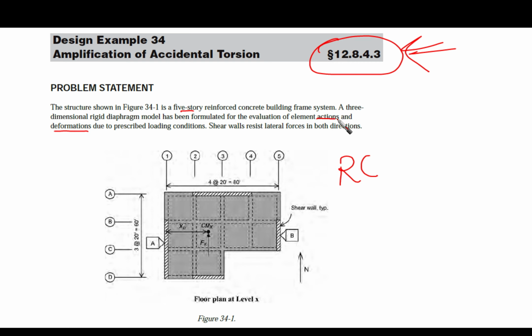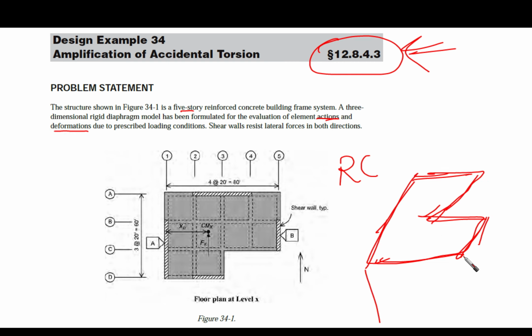So as usual in our daily routine in offices, we make the 3D model for this structure, and we have obtained the actions and deformations due to prescribed loading conditions, which we have already explained in the previous videos.